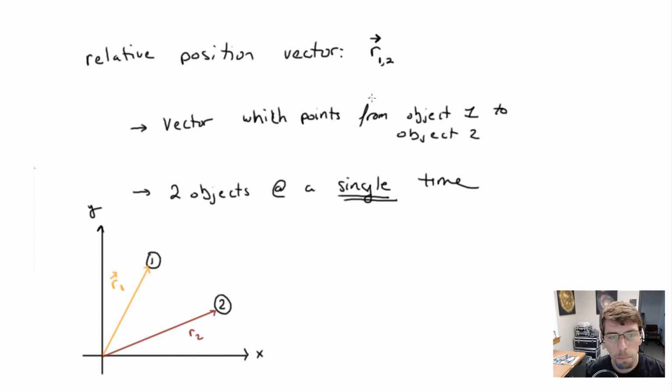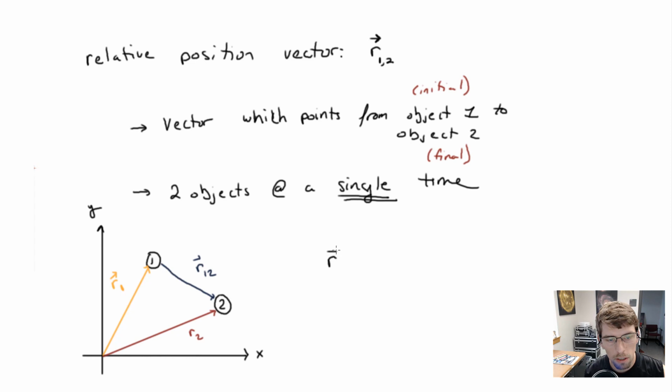And if it points from 1, so this would be the initial location, to object 2, and I'll call object 2 the final, that means I should have something that points in this direction. This would be the relative position vector R12. How can I do that algebraically?